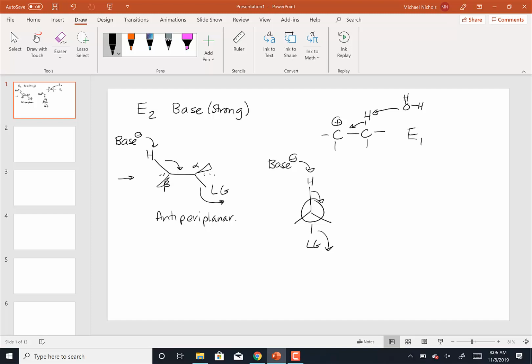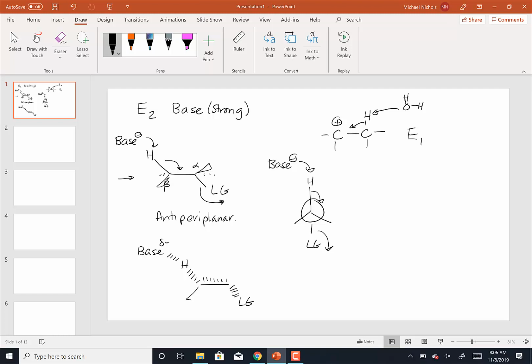So just so that you know, the transition state for this reaction would look like this. You would have whatever your base is with a delta minus charge bonded to the hydrogen. Then the hydrogen is going to be breaking its bond, so it's going to be on a dotted line. Then you're going to have a dotted line of forming the double bond, and then a dotted line to the leaving group.